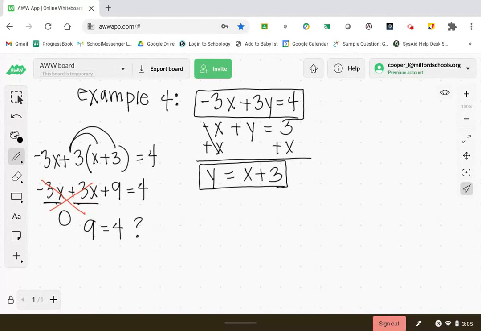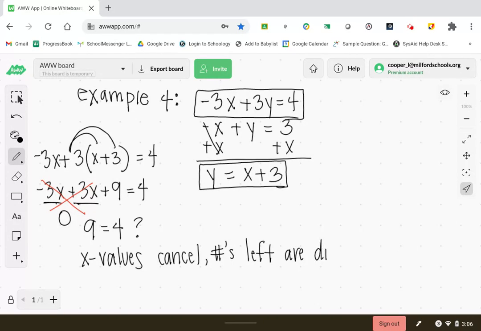It's kind of weird. If you ever get something like this where your x values cancel, and the numbers are different, that is no solution.